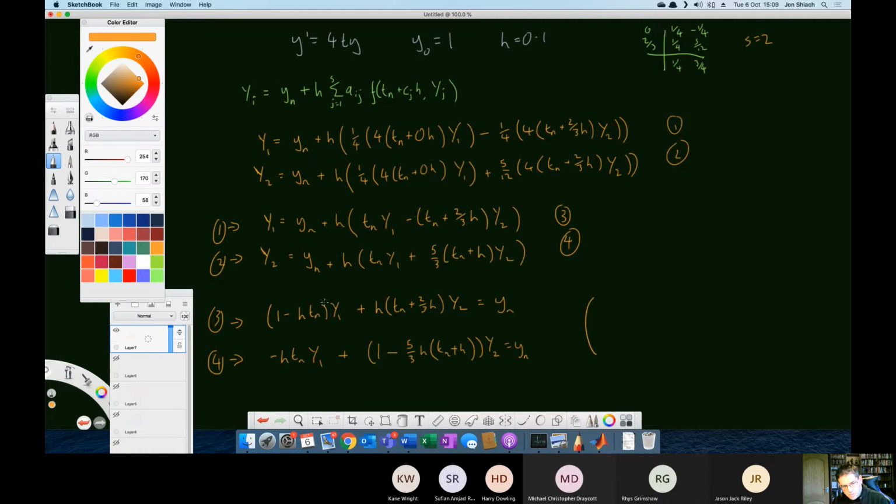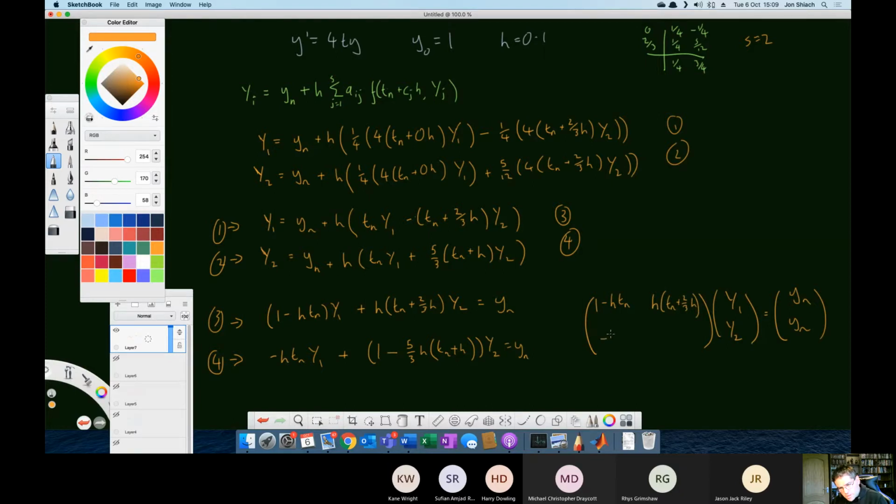So what we have now is a linear system, and we can rewrite this as a matrix equation with Y1 and Y2 as the unknowns. On the right-hand side I've got Yn and Yn, and in our matrix I've got 1 minus H Tn, and H Tn plus 2/3 H there.